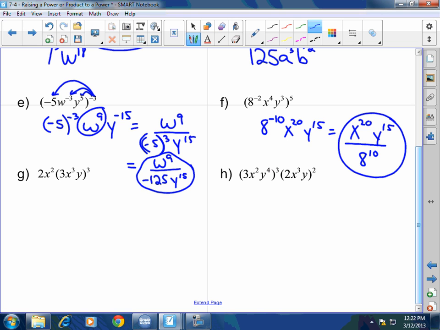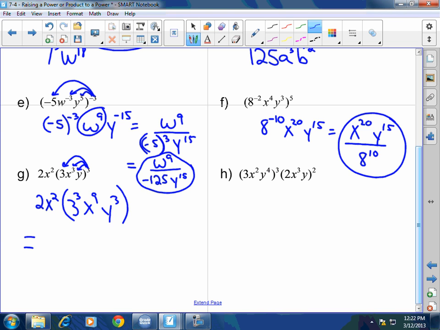What we got here? Yes, sir. 2x squared, times 3 cubed, x to the ninth, and y cubed. I already did distribute the exponent of 3.